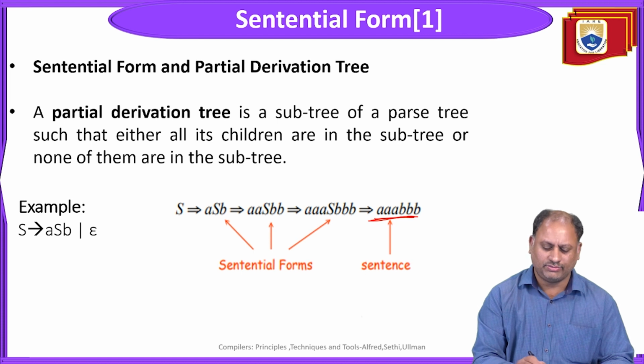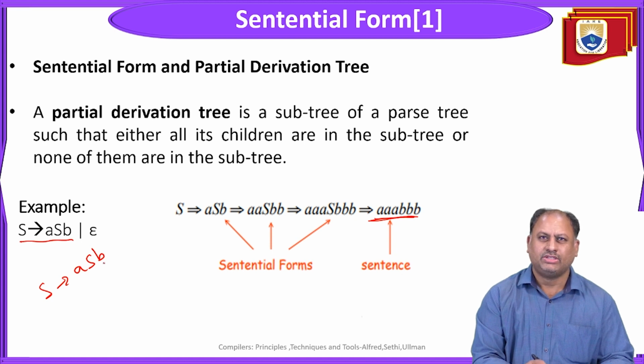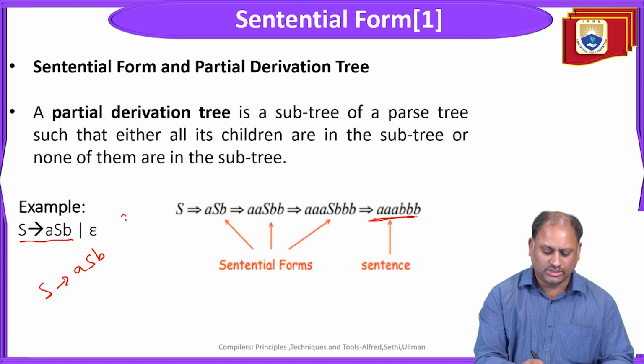We have taken the first starting node, that is S, and S derives a S B. It is one of the productions given in the list. So we are going to construct a tree based on this to obtain this string.